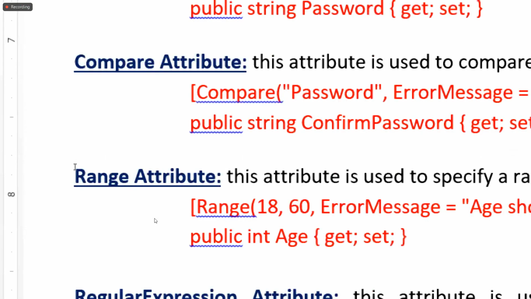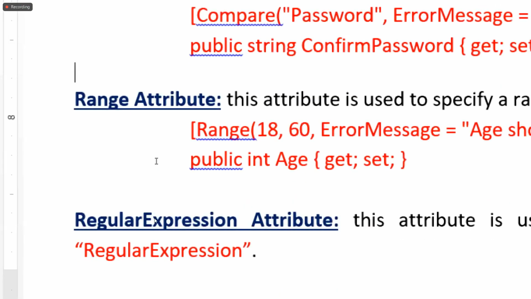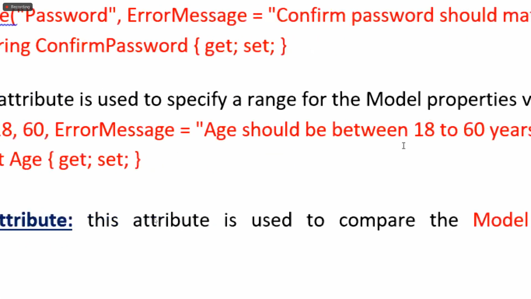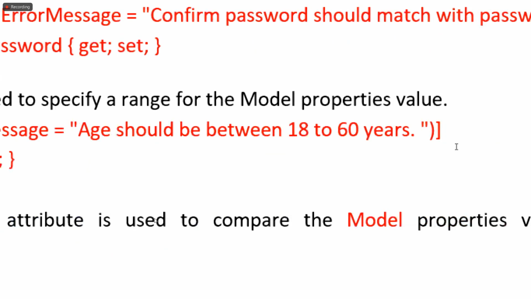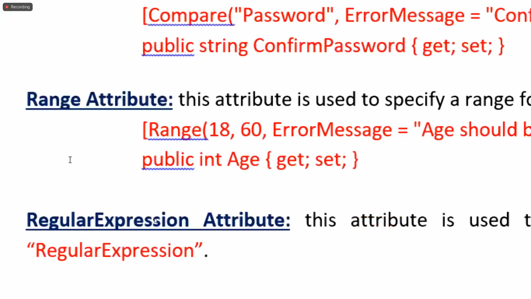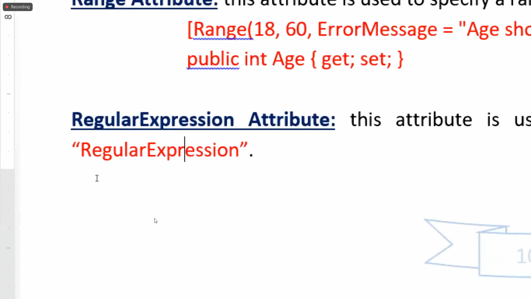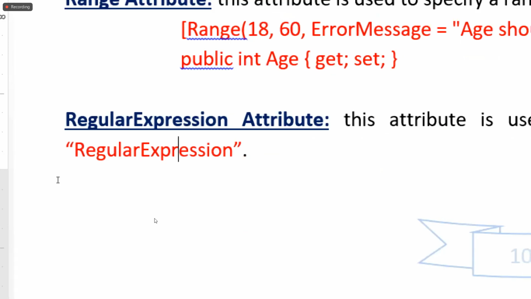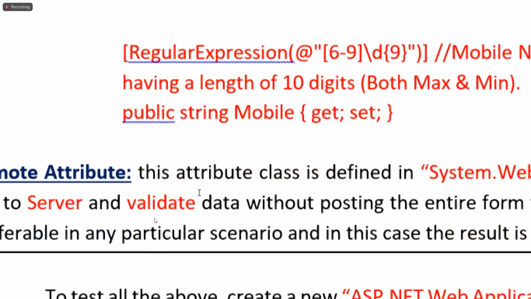Next. Range. I want to take age between 18 and 60. See there, Age. Minimum value, maximum value, error message. Are you clear? Next. Remember regular expressions in C#? You learned about regular expressions. Regular expressions are special characters using which we can write complex validations with simple code. So this is my mobile number.